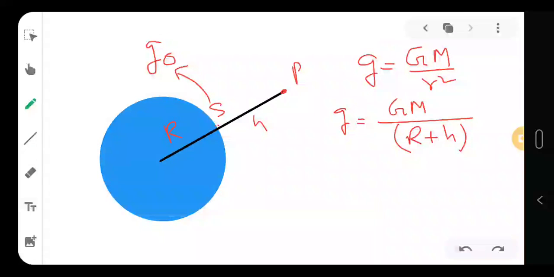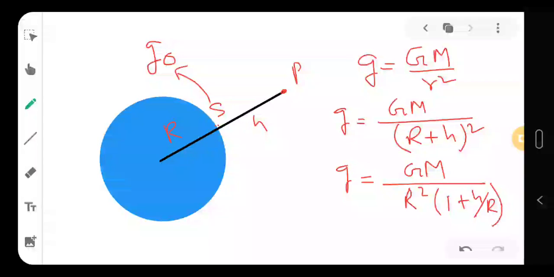We can write like this, Gm by, so from here I can take r common. So if r comes out, it will be r square, and then we will have (1 plus h by r) square.